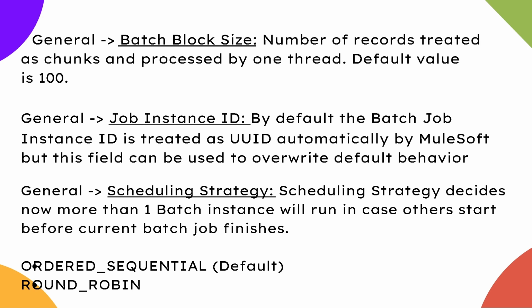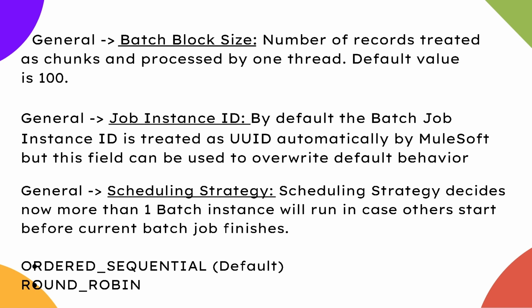How will batch processing work at the same time? There comes the scheduling strategy. That is how your batch processing will work when multiple users or multiple message sources call your batch process at the same time.